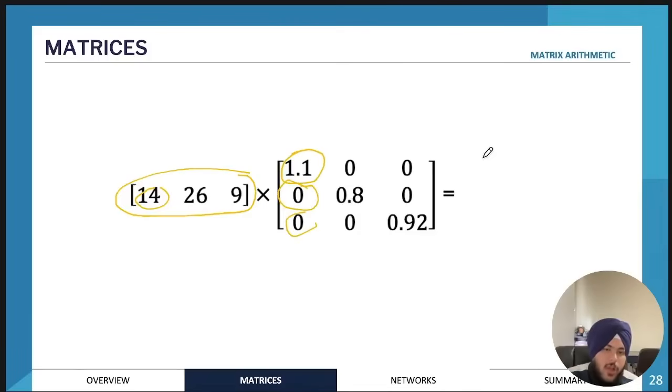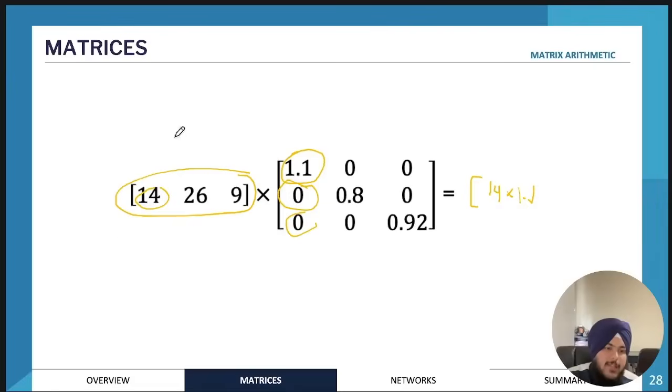So if we were to multiply this matrix, you will get 14 times 1.1 as your first element. And this is actually what we want, because we can't multiply by a scalar.